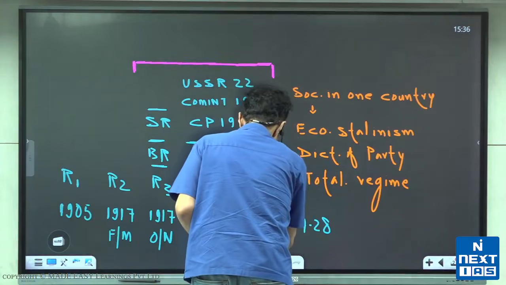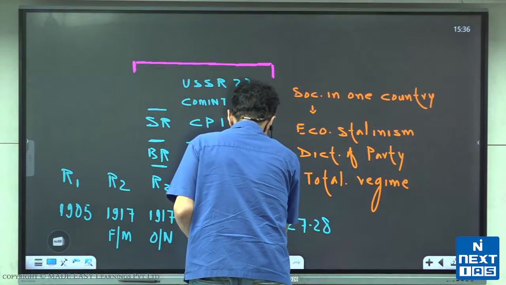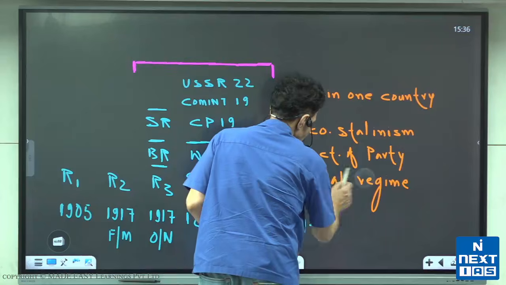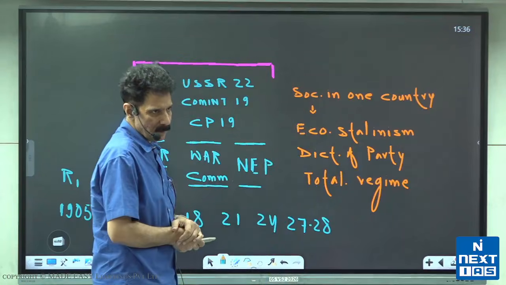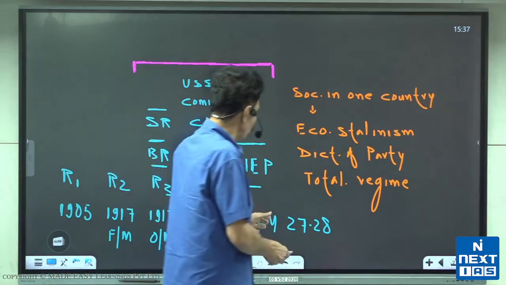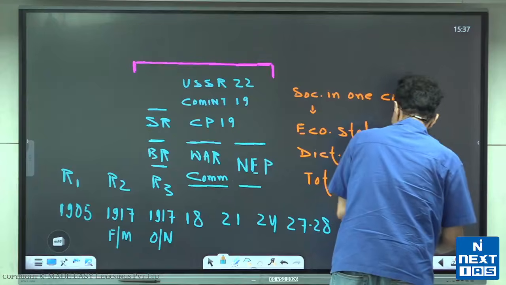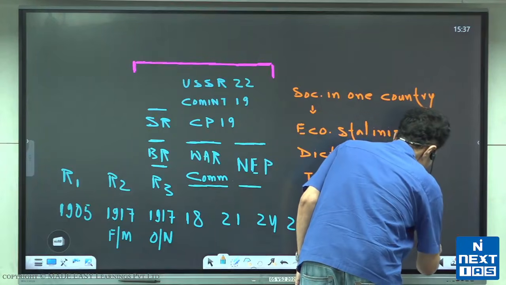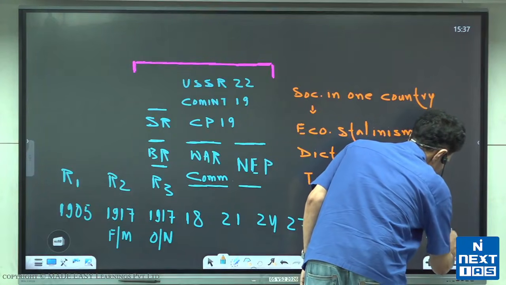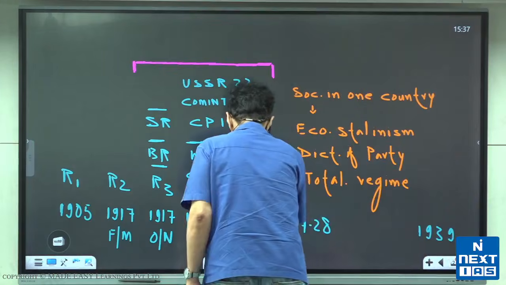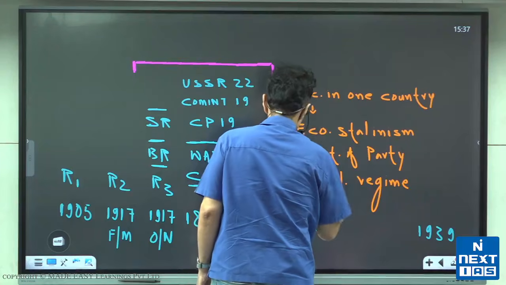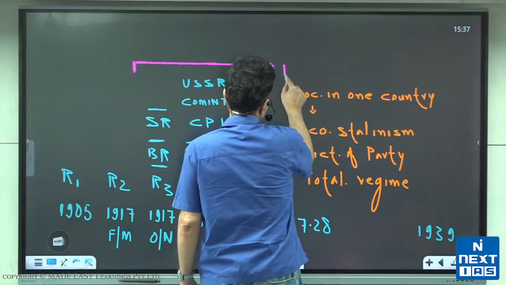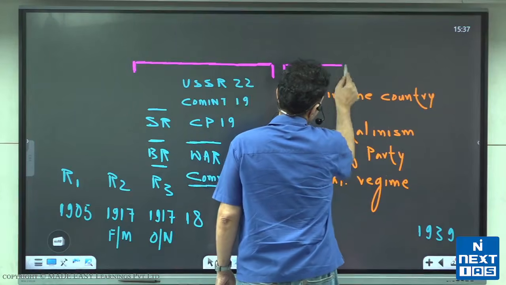Now here the timeline is till Stalin was there in power, but we normally consider till the beginning of the Second World War, that is 1939. Now this phase is the phase when Stalin played a role.